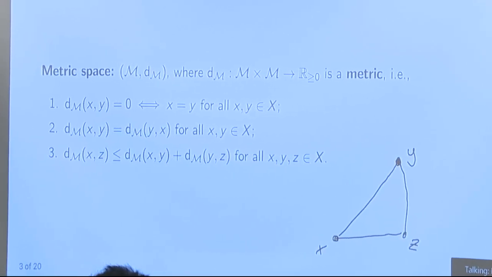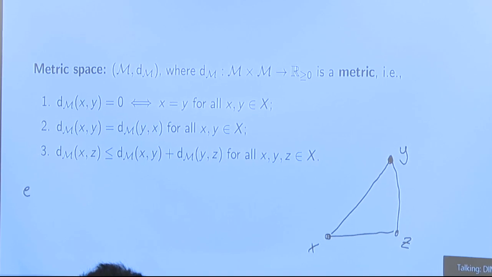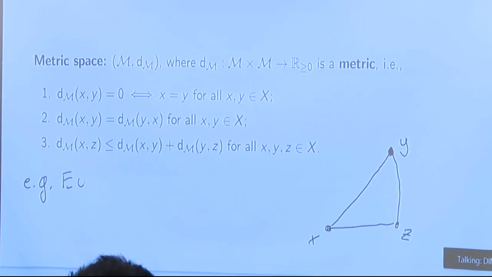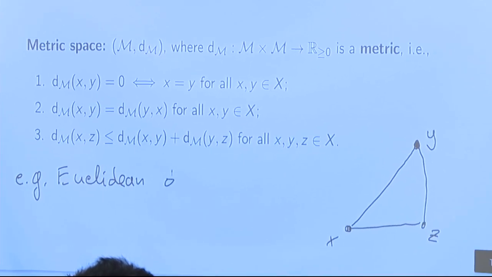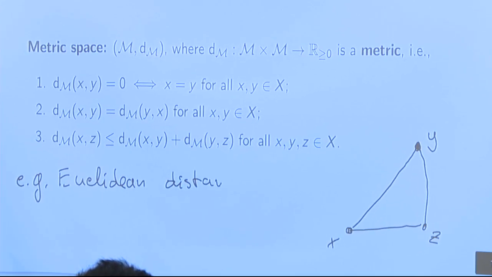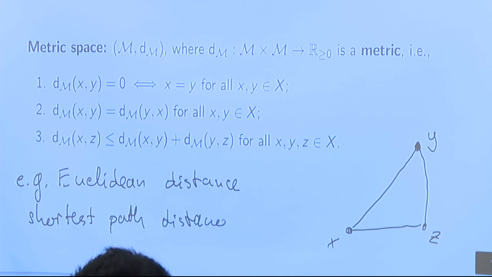Maybe I'll give one example, or 2 examples. This is all kind of meant to generalize Euclidean distance, but it also captures many other things. For example, shortest path distance in a graph. Okay, so this is a very general kind of object.